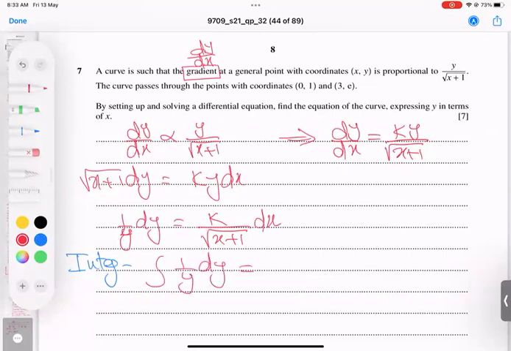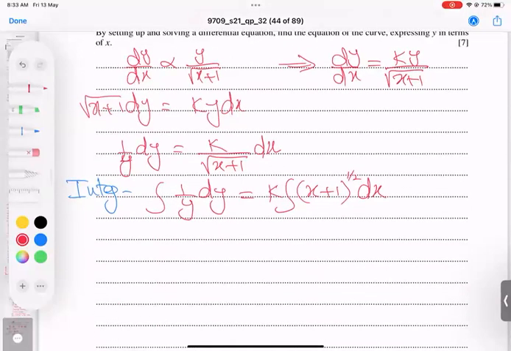Can I integrate this right-hand side directly? No way. So we have to bring it to the numerator, k outside, 2x plus 1 to the power minus half. This becomes logarithm of y, because function down, derivative up. And k, and what is here? Increase the power by 1, so 1 over 3 by 2 times the derivative of the base. And x has a 1 and 1 has a 0, so 1 plus 0 becomes 1.